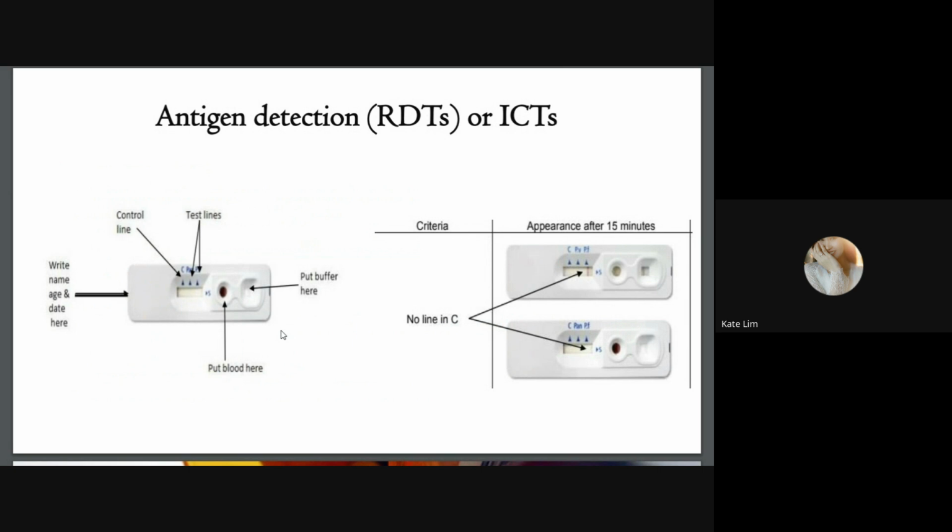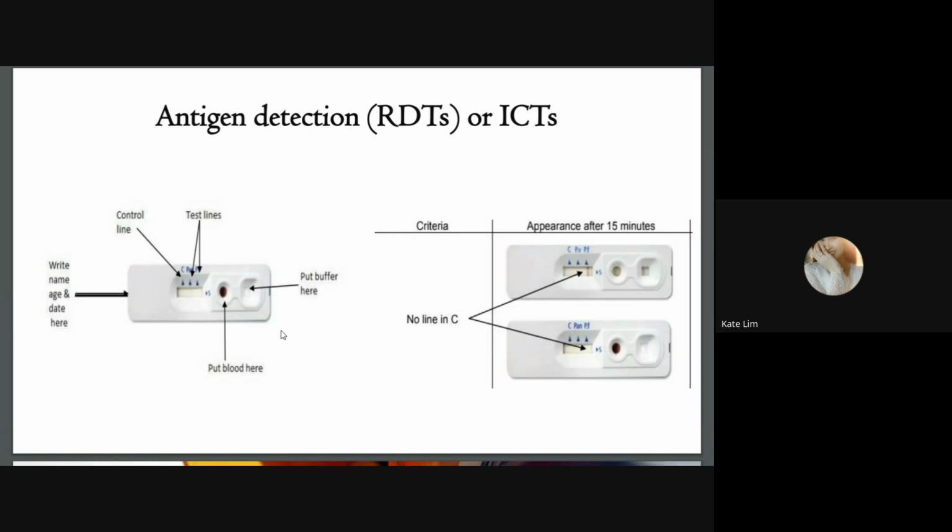So, rapid diagnostic tests or your RDTs usually detect malarial antigens in the patient's blood. These antigens, you already know from your anatomy and physiology, are proteins released by the parasites. So in each parasite, there is an antigen.